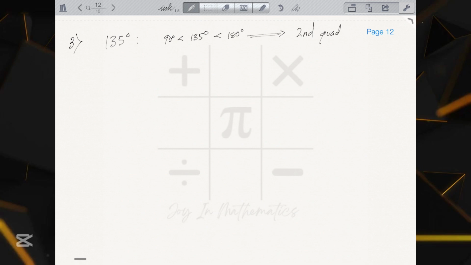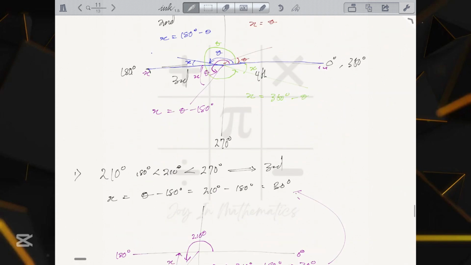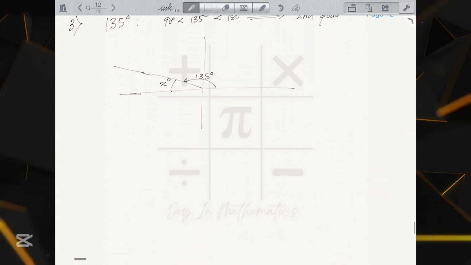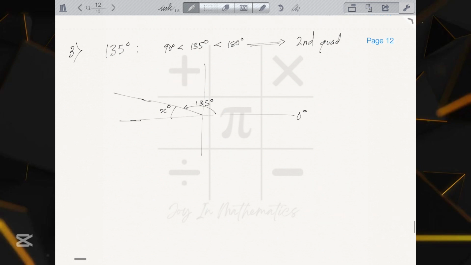Now let's proceed. If it's in the second quadrant, we have angle 135 degrees, and we are asked to evaluate the related acute angle, x degrees. Going back to our representation, in the second quadrant the related acute angle is simply 180 minus theta, because the sum of angles on a straight line is 180 degrees.